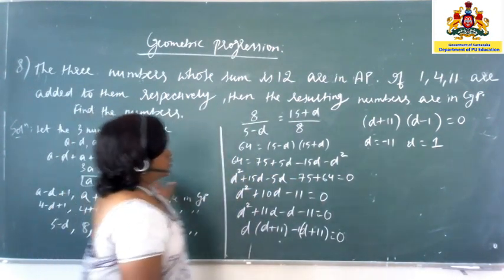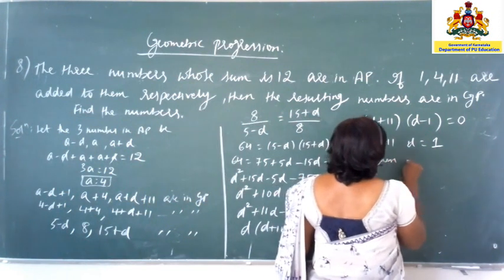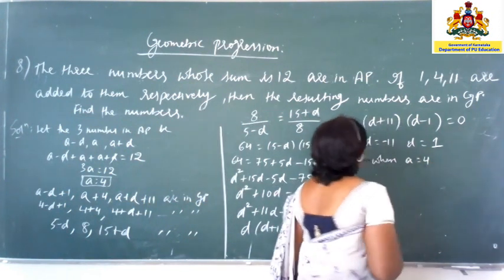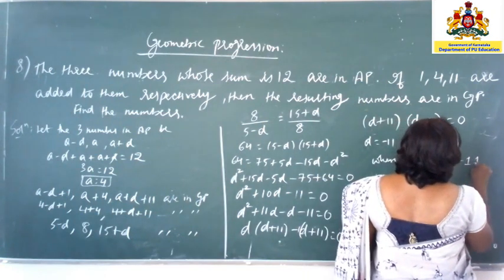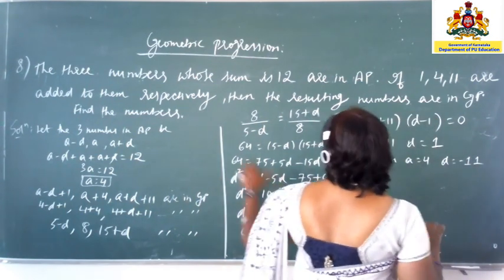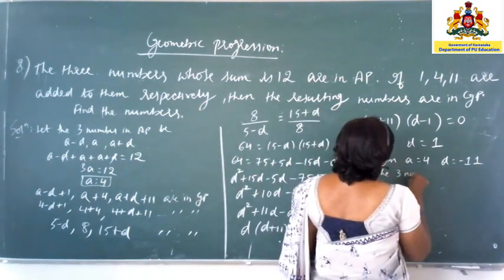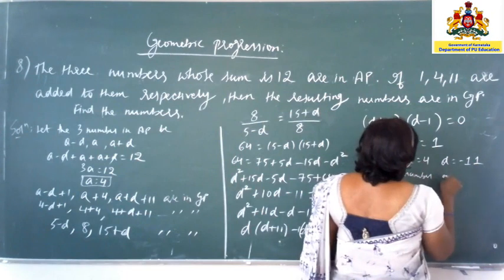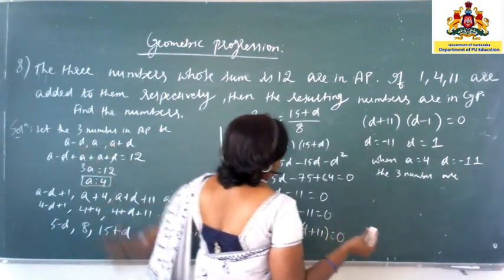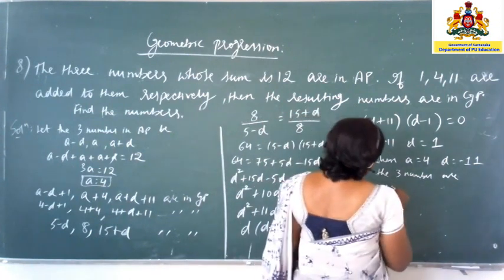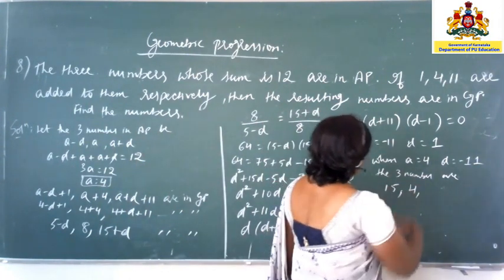So when a is equal to 4, d is equal to minus 11. So what will be the three numbers? 4 minus of minus 11, so it is 15. a is 4.